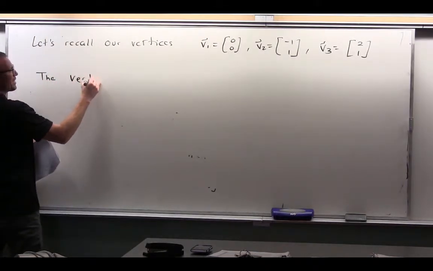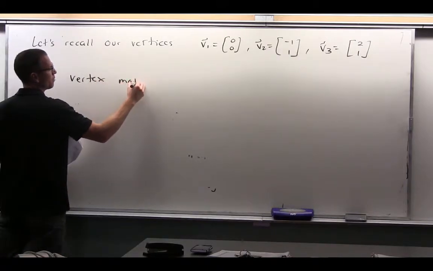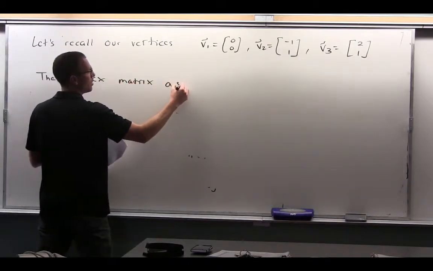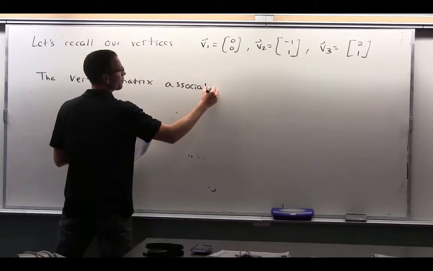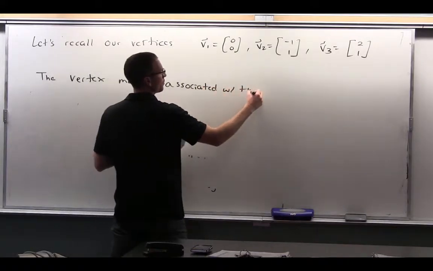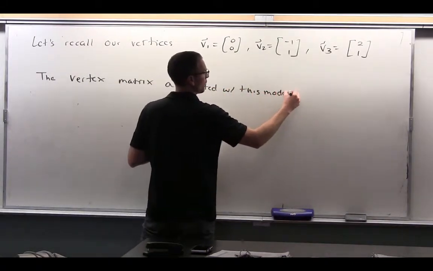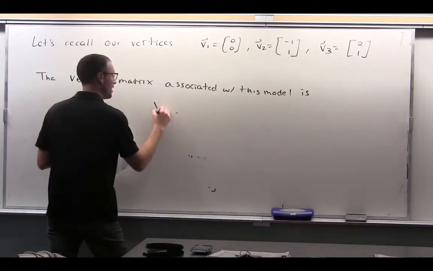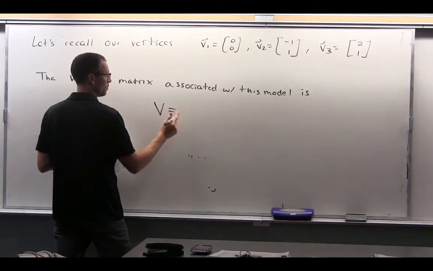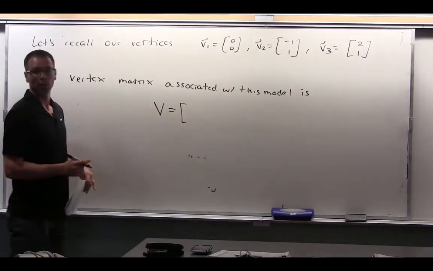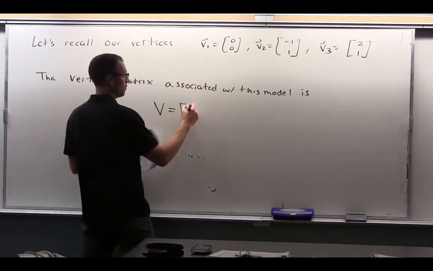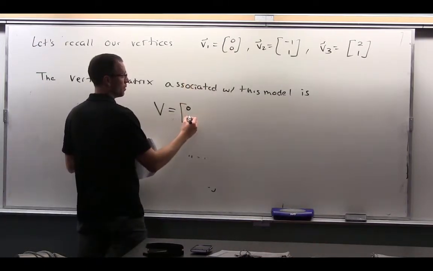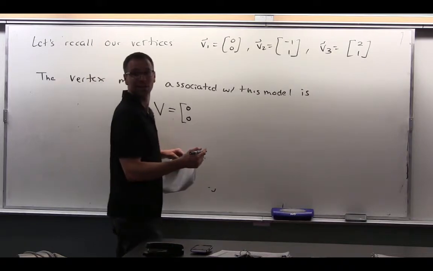The vertex matrix associated with this model is, could you guess what V is? What's the first column of V? 0, 0.